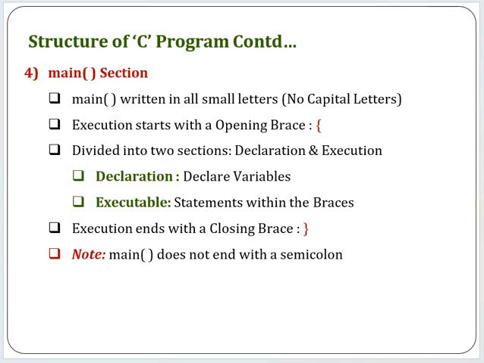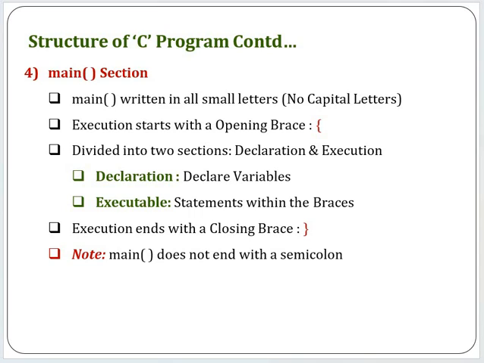The next section is the main section. This is always written in lowercase letters. The main function starts with an opening brace and ends with a closing brace. Here you have a declaration and executable section. Variables used within the main function are declared in the declaration section, and statements that perform the actual calculations or operations are placed in the executable section.